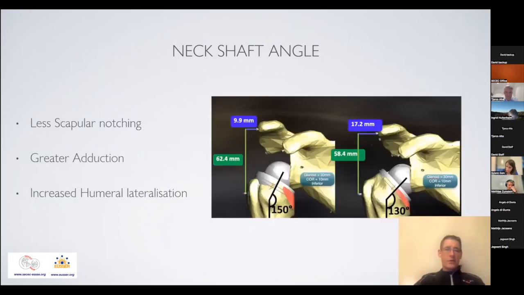The other feature of changing the neck shaft angle is to affect lateralization of the humeral component. And in this case, you can see that as we move from a 150 neck shaft angle to a 130, there is an approximately 7 millimeter difference in the lateralization.